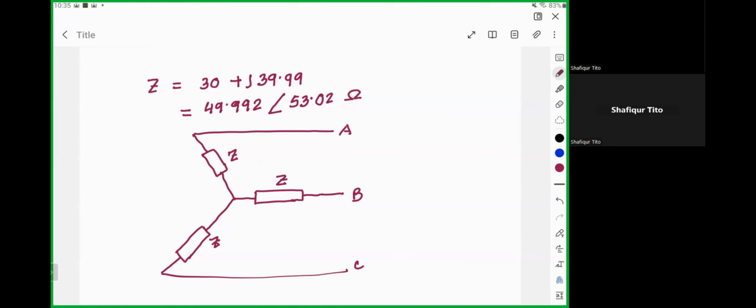What is given in the other quantity is the line current. So we need to identify the line current. This is my line current, say IA, which is given equal to 5.08, and the angle has not been mentioned.